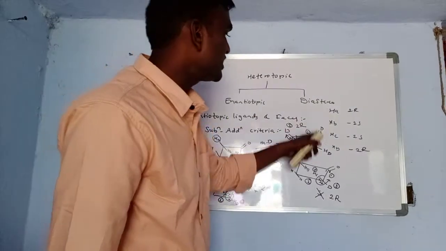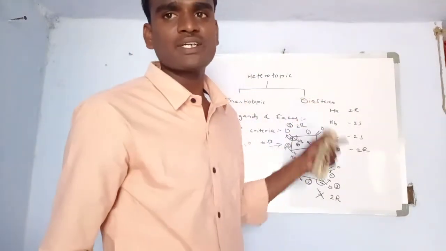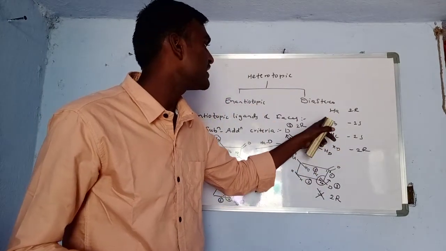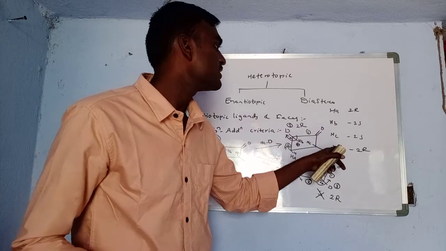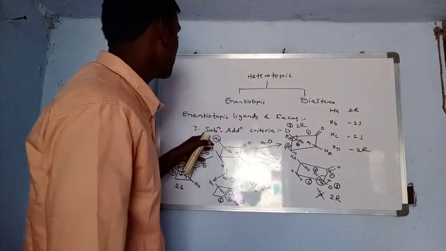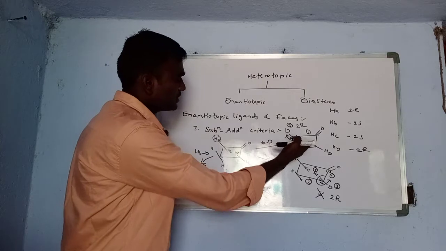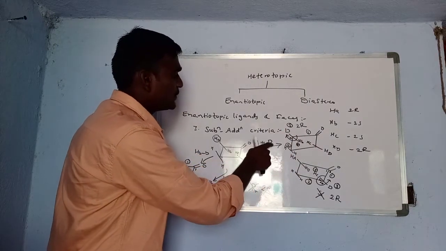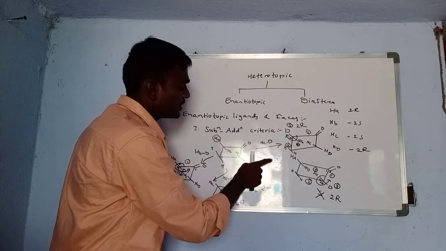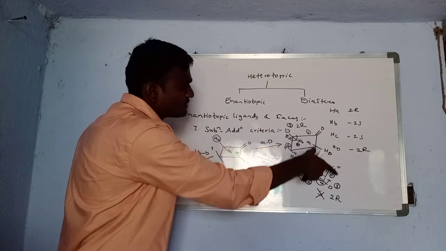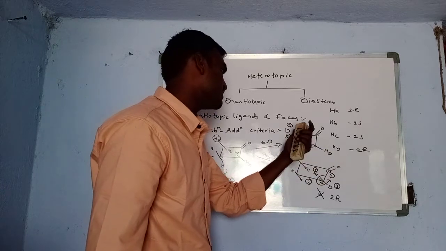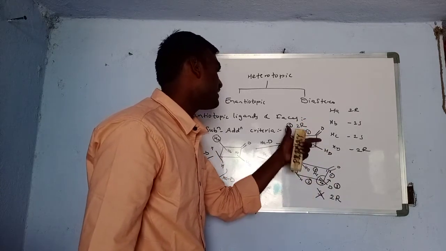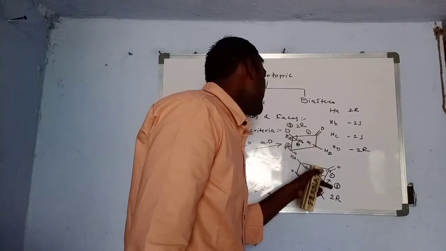See here, HA and HD are homotopic, and HB and HC are homotopic, because if we add deuterium, it will give the identical configuration. If we add deuterium for HA or for HD, these two products will give the same configuration, which means the two chiral centers will give identical configurations.